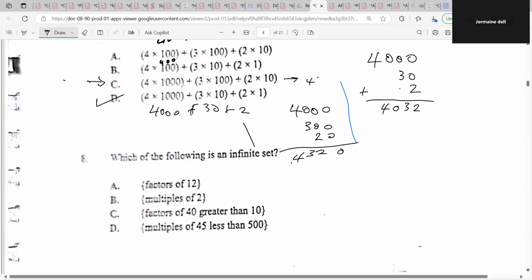Sir, in this case, I'll cancel A, because the factors of 12 are 1, 2, 3, 4, 6, and 12. B is correct, sir, because the multiples of 2 are endless. Infinity, right?